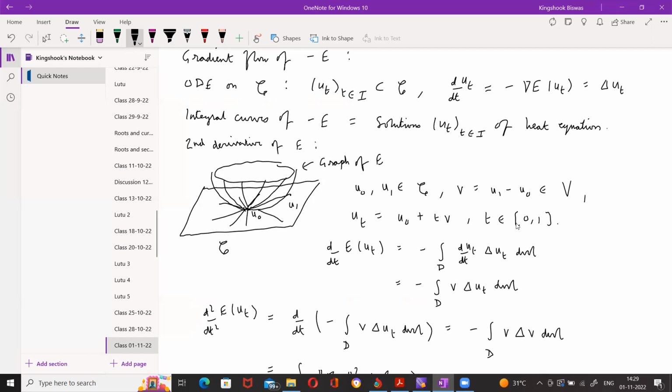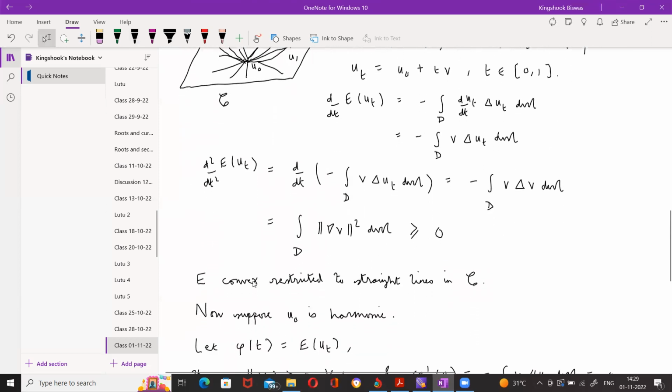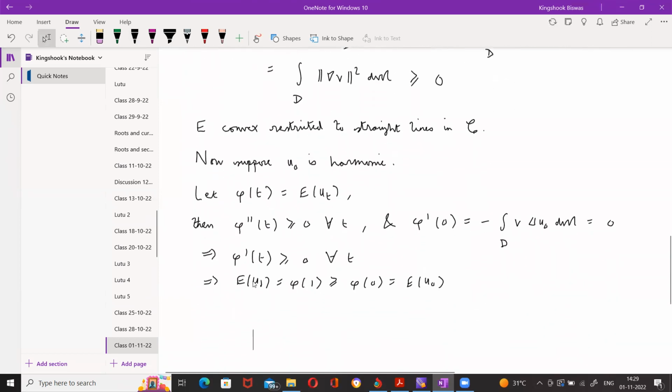Fine. Rudroda, is this all right? So that proves that the harmonic function, the solution of the Dirichlet problem, is the minimum energy function.